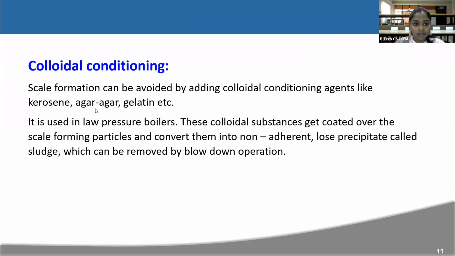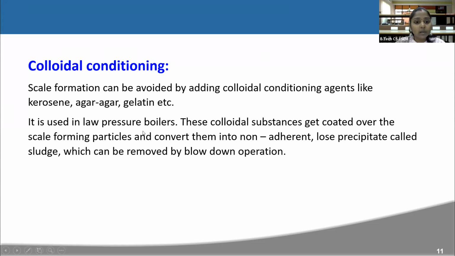So these are the chemicals used in colloidal conditioning. What are the chemicals we used in colloidal conditioning? Kerosene, agar, and gelatin. Okay, so why we have to use colloidal conditioning?